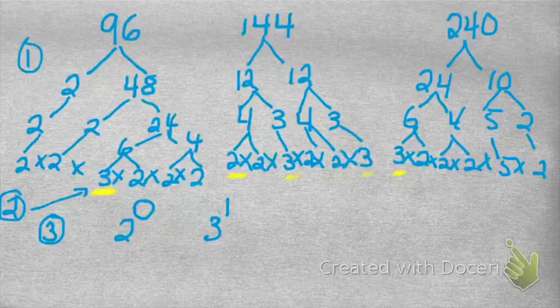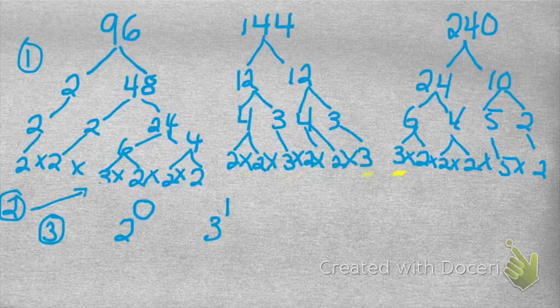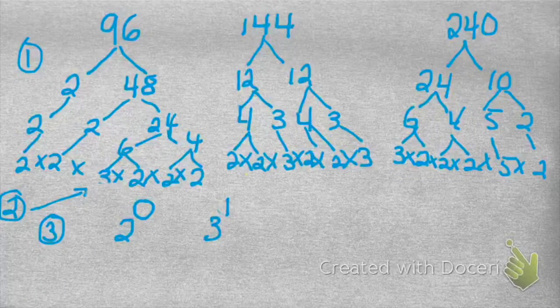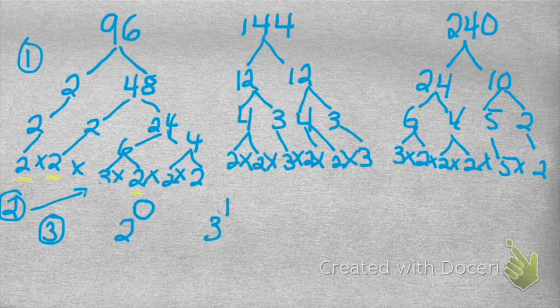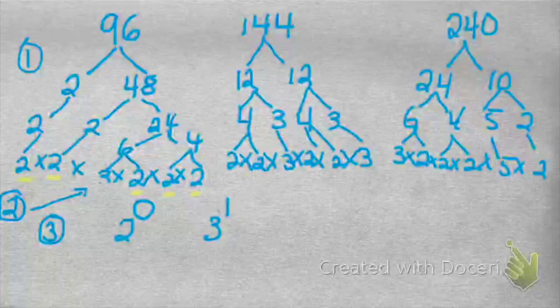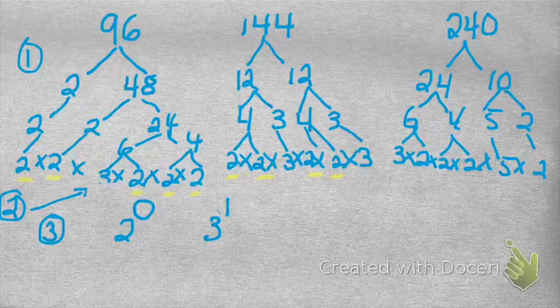Then I'm going to count the lowest amount of times that I see a 2. In the first tree, I see a 2 1, 2, 3, 4, 5 times. Let's see if there's something that shows up fewer times. 1, 2, 3, 4. Okay, already that's less than 5, so it might be 4. And this one has 1, 2, 3.